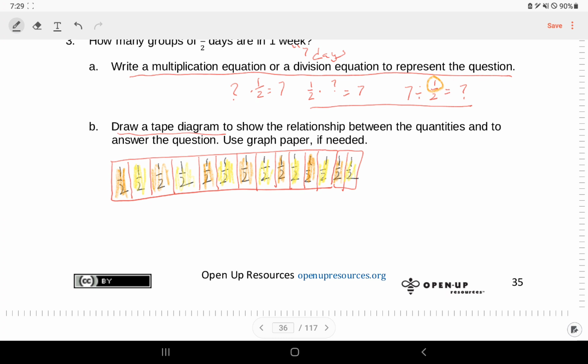There's our tape diagram showing groups of 1. And we can even go 1, 1, 1. This part isn't absolutely necessary, but it's good to show. But again, it doesn't ask you for the answer.